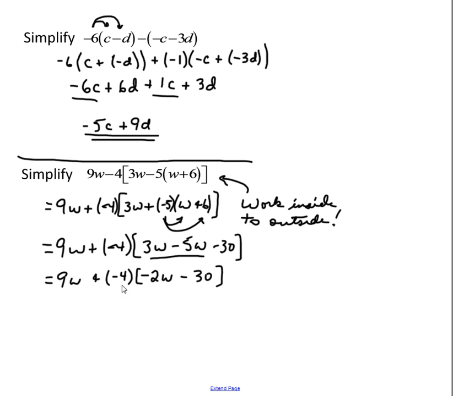Now distribute our negative 4 into both terms in the brackets. And we're going to get 9w plus negative 4 times negative 2, which is positive 8w. Negative 4 times negative 30 is going to become plus 120. And then when we add our like terms, we get 17w plus 120.